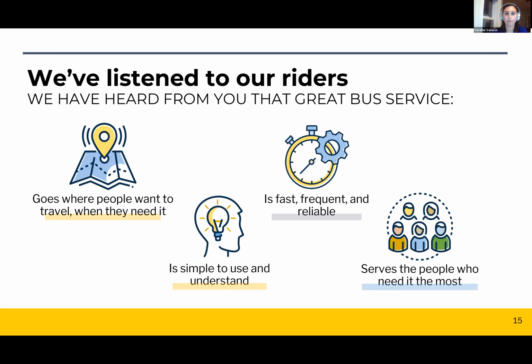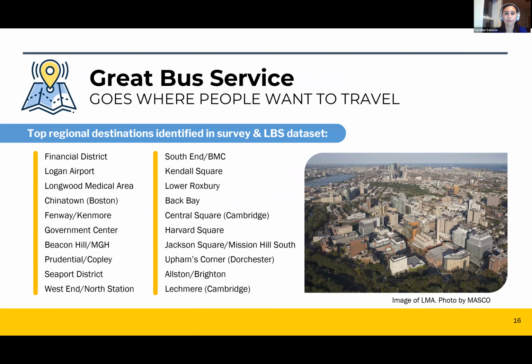Next slide. So on this first point of going where people want to travel, we've been using this new location-based services data set, which I'll talk about in the next slide. And we also did a survey to supplement that data set to identify new or underserved regional destinations that we should be looking at for better bus service.